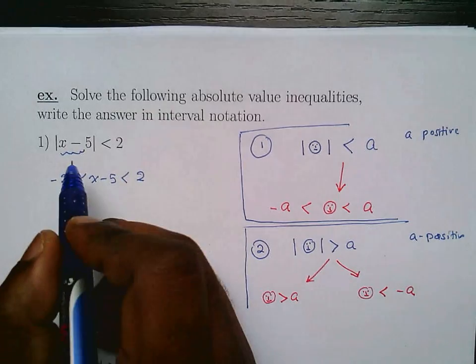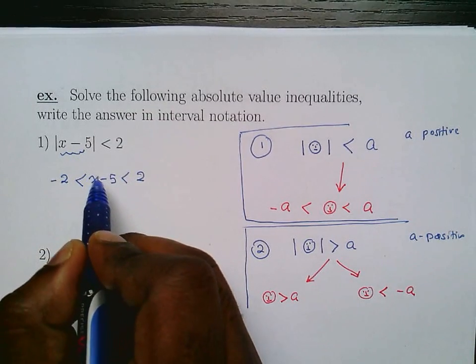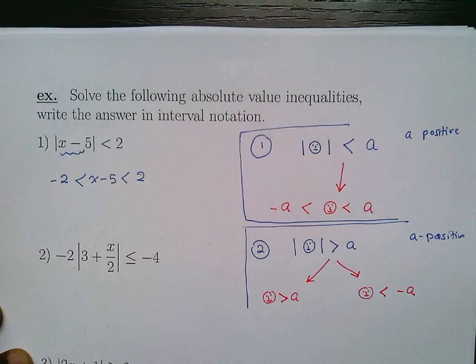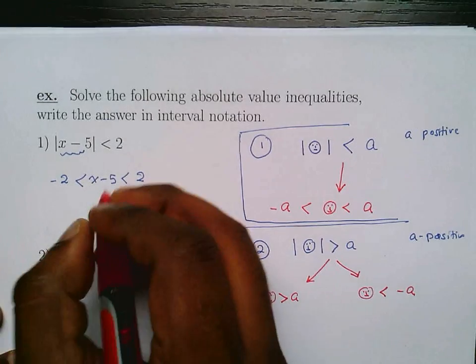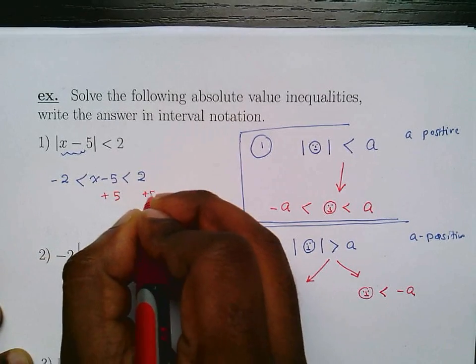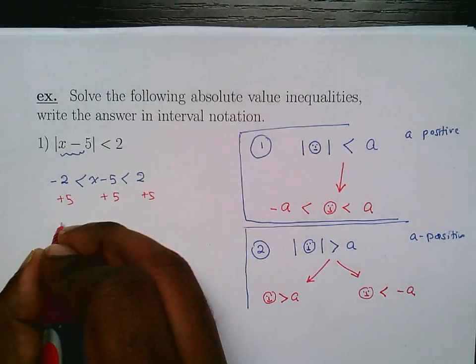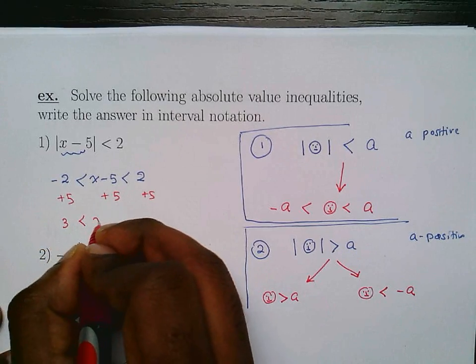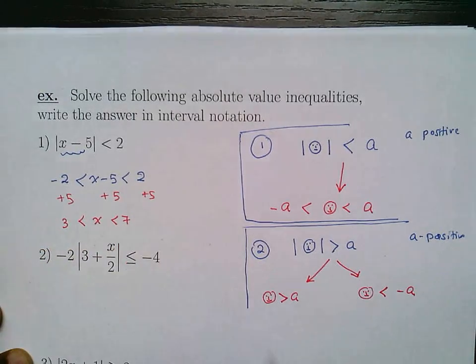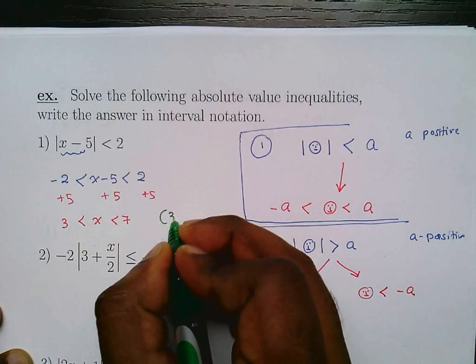It was originally an absolute value inequality, and you made it a regular linear inequality by using this format. Now all you have to do is solve it. Add 5 to all 3 sides. You get 3 here, x here, and 7 here. So x is between 3 and 7. In interval notation, that would be from 3 to 7.